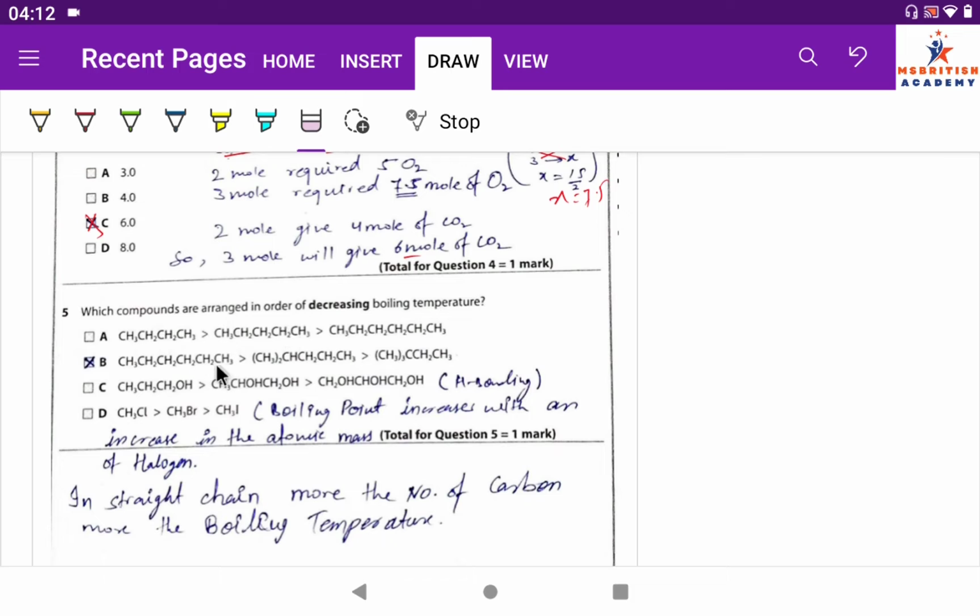So you can see B is the correct answer, but why not C and D?